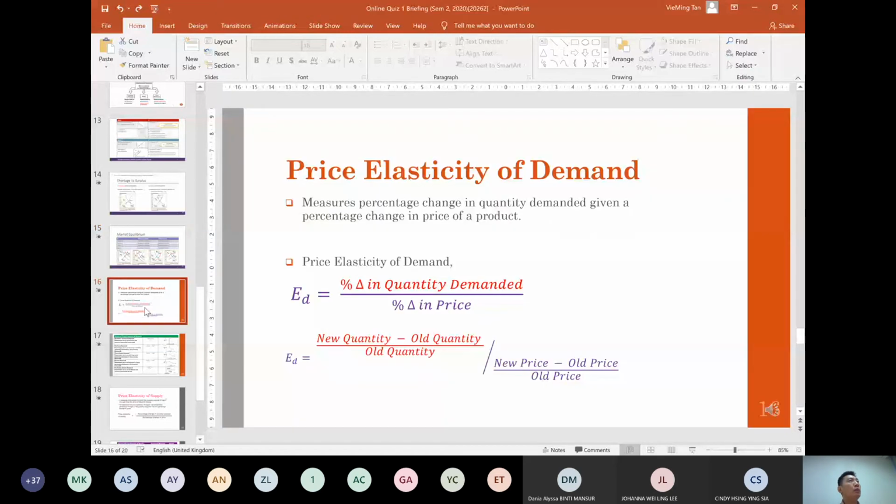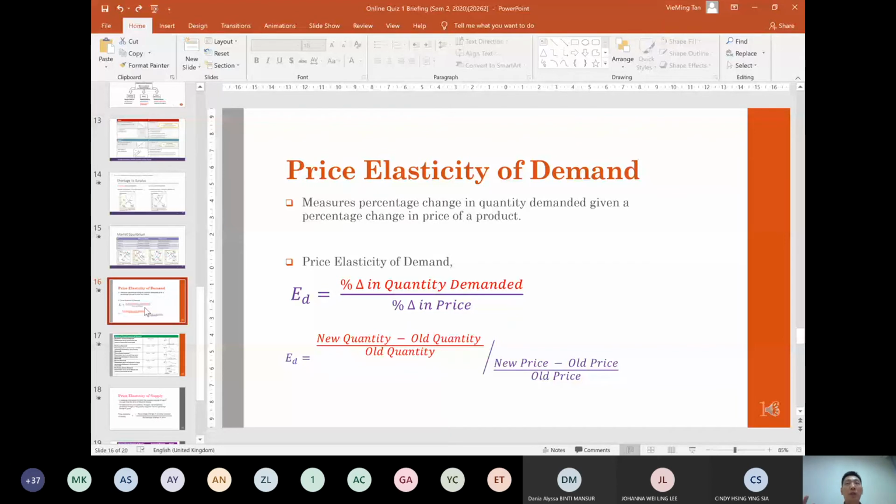The last chapter will be the price elasticity of demand and supply. In chapter 3, we already learned a lot about demand and supply, right? But these two laws do not inform us to what extent the quantity demanded and quantity supplied will change in response to price. The law of demand and law of supply only inform us that there is a negative relationship between product price and quantity demanded, and for the law of supply, a positive relationship between the product price and quantity supplied.